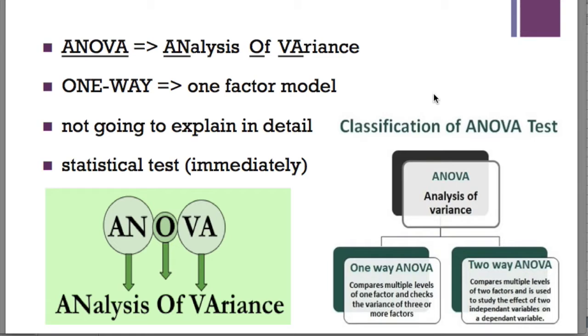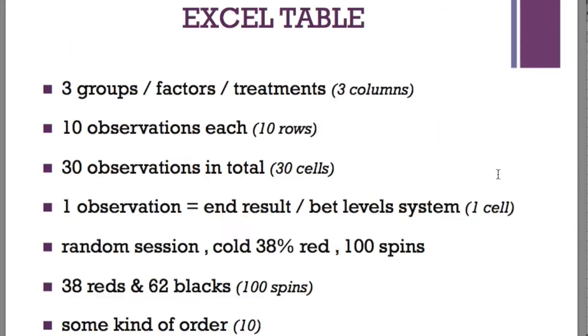One factor, one thing, one entity will change. In my case, in this video, it's the bad levels system. I'm not going to explain in detail what ANOVA is, when to use it, what the assumptions are and so on. I will immediately do the statistical test.